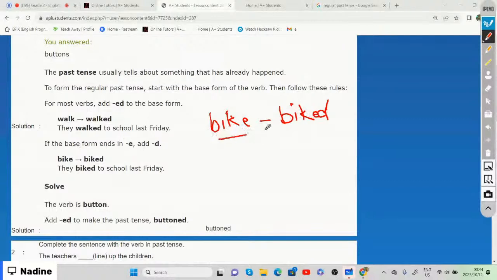It's like a bicycle, right? And then we have biked. Then they biked to school last Friday. Bike is taking their bicycles to school last Friday. They biked, not hiked. So there we have our word in the past tense, which ends with a d that we formed from our base word.